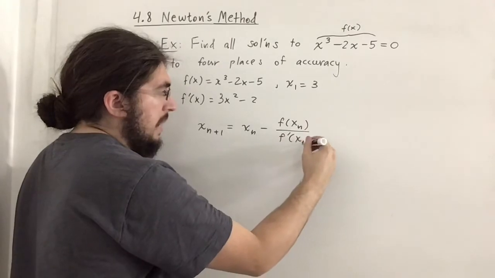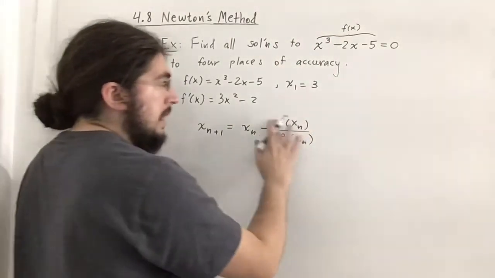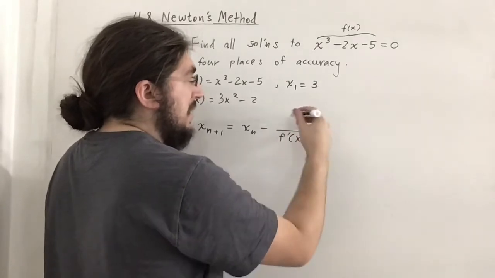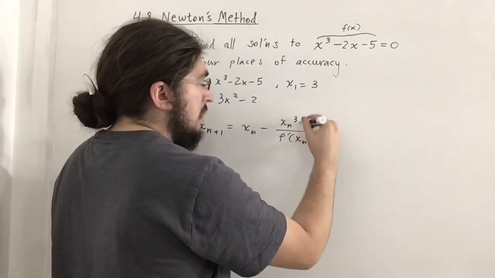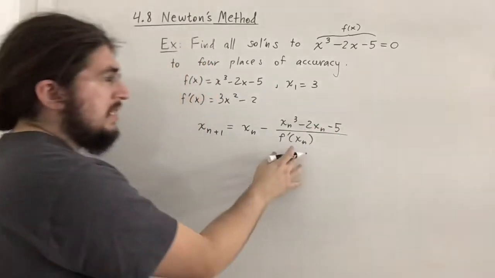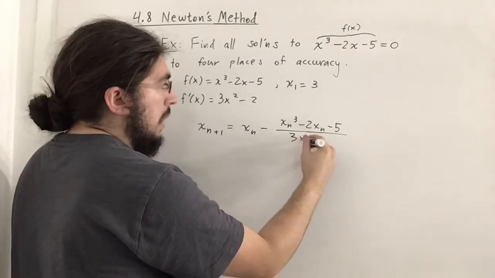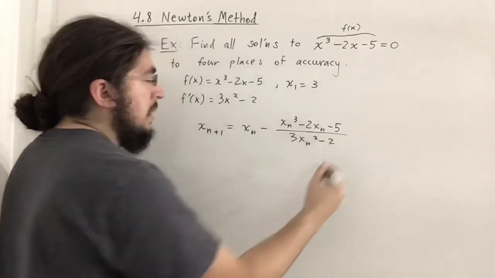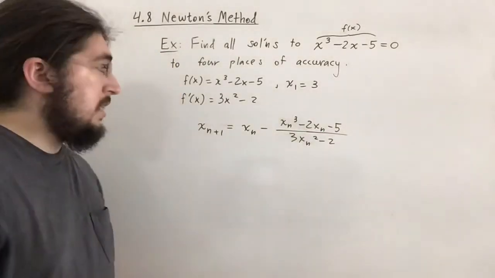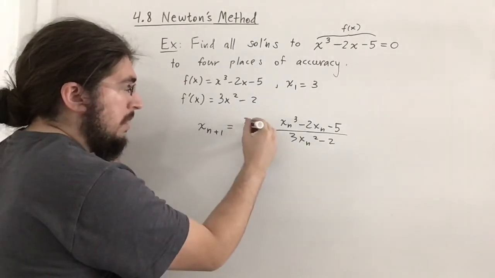Just like that. But now notice the function is just this, so I'm going to replace that with xn instead of x's, just like this. And then f prime of xn is the derivative with xn's instead of x's, just like that. Now remember, I like to write this as one fraction, so if you don't mind, I'm going to write this as x sub n over 1.